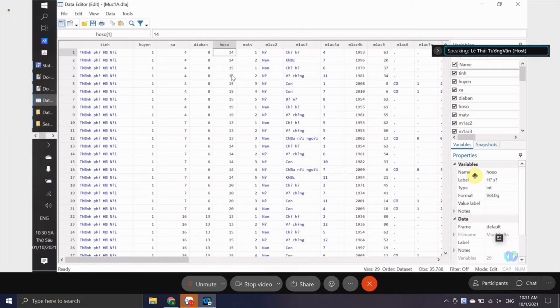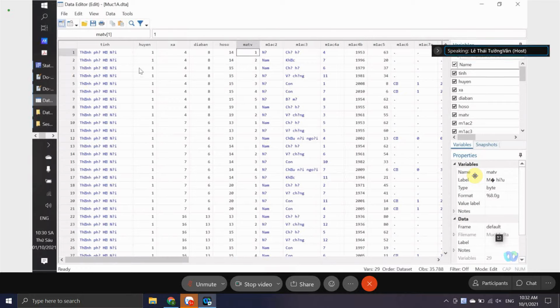So maybe it will be your house number, số nhà, or something. But it has been collected by the administrative bodies, right? And then within a household, you would have the so-called personal identification number. That is mã thành viên.